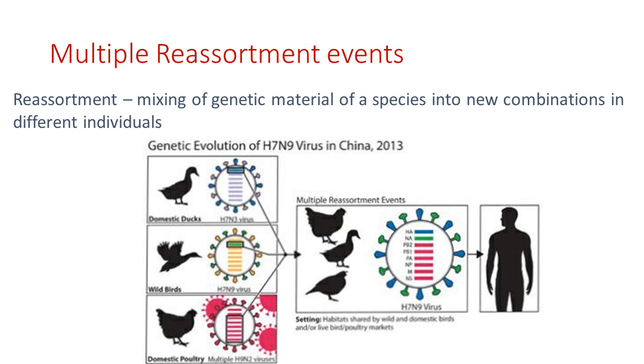First we have the HA, the hemagglutinin, which is from the domestic duck. Then we have the green, which is NA, from the wild birds, and because of the domestic poultry we have more of the genome from that individual. It is a combination of all these genomes, where most of the characteristic features come from the domestic poultry. Then this virus gets into humans.